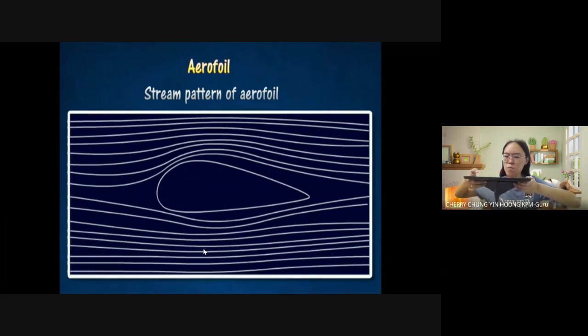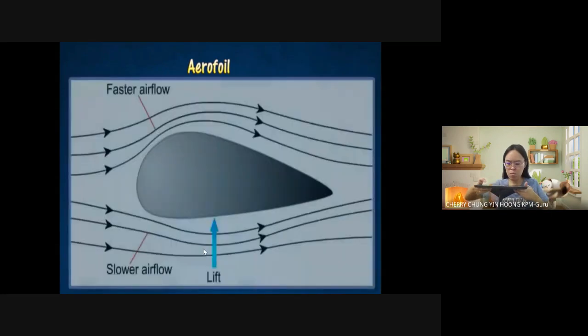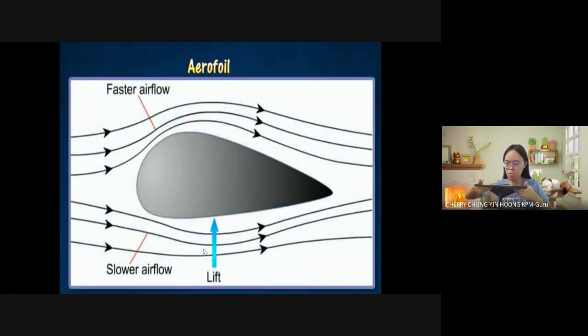It is observed that the smoke lines are close together above the airfoil where the airspeed past the airfoil is greater. The figure shows an airfoil with a leading edge that is rounded and a pointed trailing edge. The airflow above the airfoil is faster than the airflow below it, so there is lower air pressure above the airfoil.